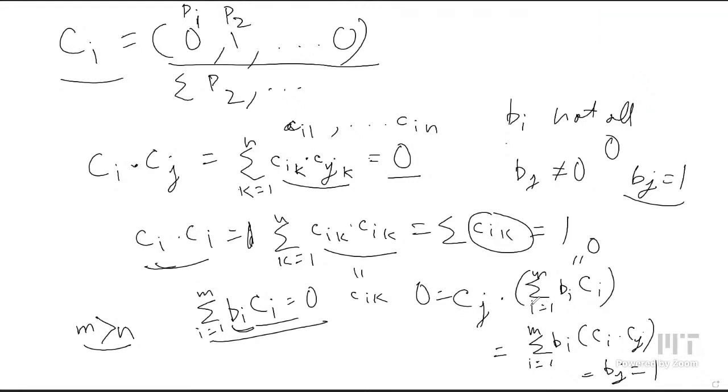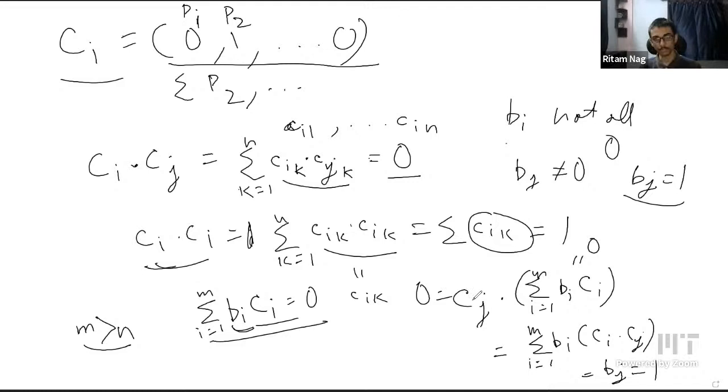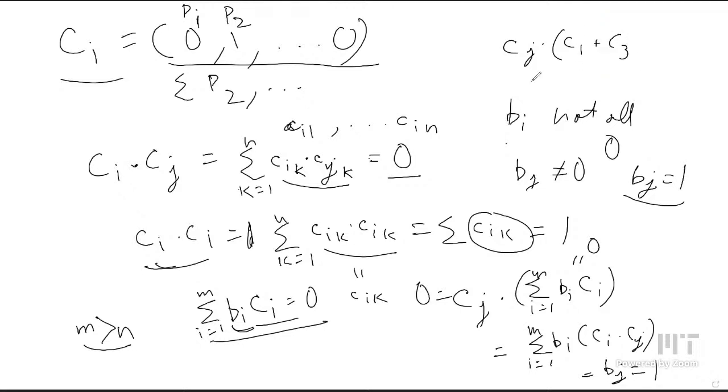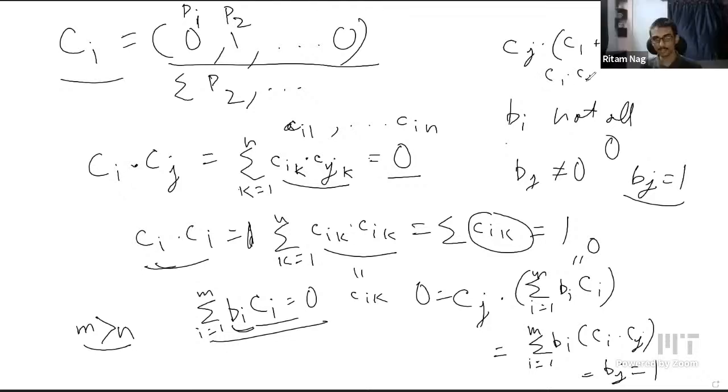And the dot product is distributive. So cj dot this sum is simply C1 dot Cj plus C3 dot Cj, and so on. Oh yeah, got it. Actually, I should write the Cj first because for this dot product it's symmetric, but not all dot products need to be symmetric.